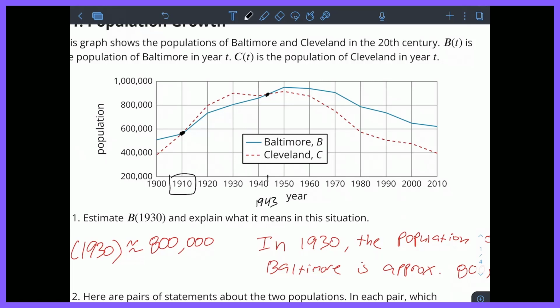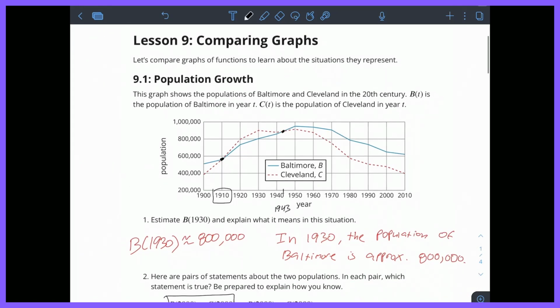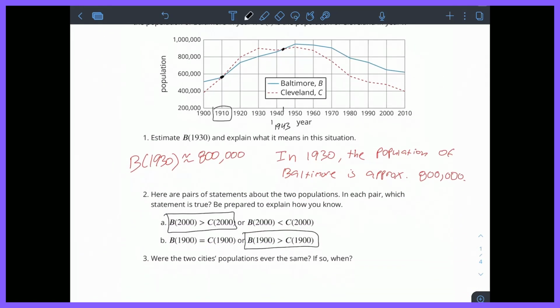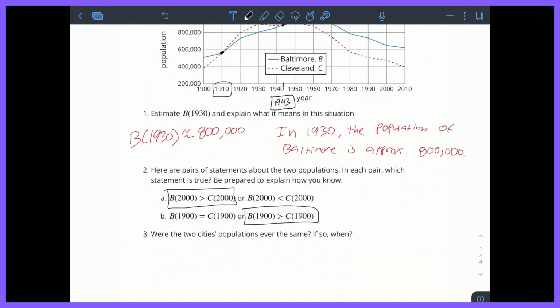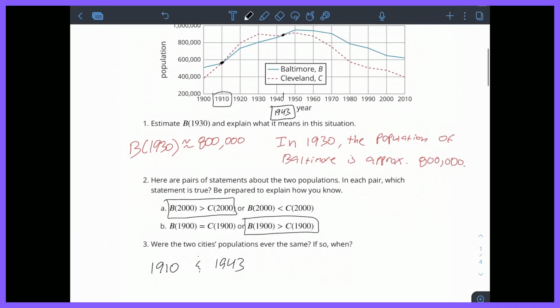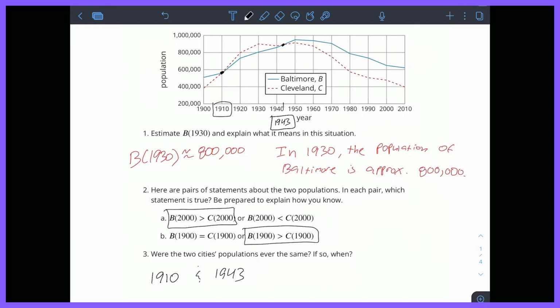All right, maybe 1942, maybe 1944, something around those years. It's tough to tell exactly. So at two instances, two times, the graphs actually intersect one another. So that happens in the year 1910 and the year 1943. And again, that's when the graphs intersect one another.